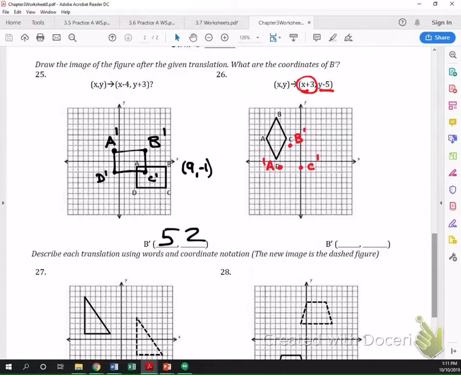I'm counting D as 1, 2, 3, 4, 5. So 1, 2, 3. I'm so confused. How do you do B? It's so off. Yeah, I got it.